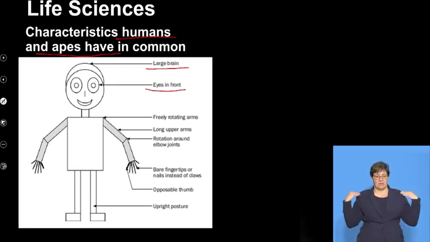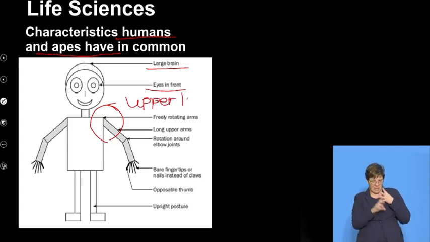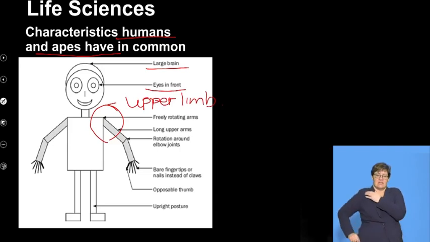Then if we move down to the upper limb, there are quite a few characteristics that we have in common. The first thing is that we have freely rotating arms. In other words, we can actually move our arm around completely. It's freely rotating, unlike other animals that would not be able to move their limbs in a 360-degree movement.